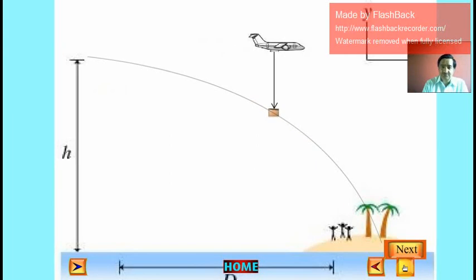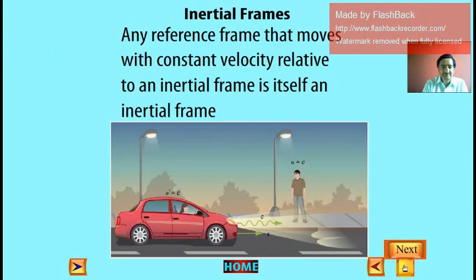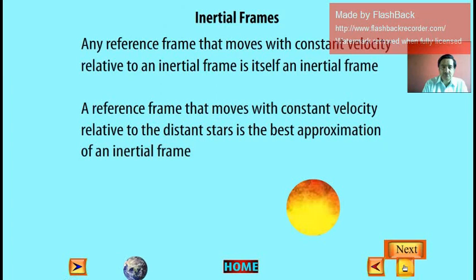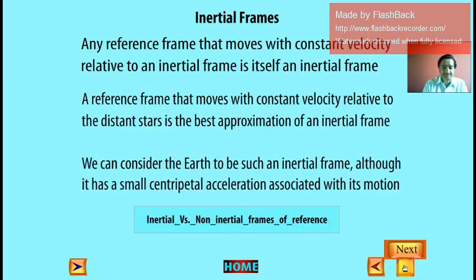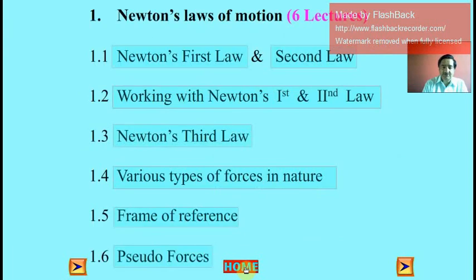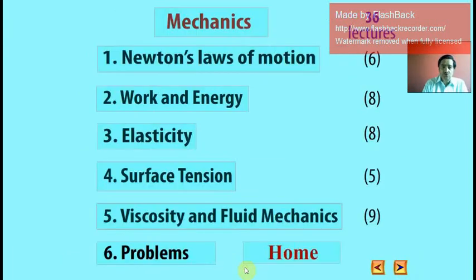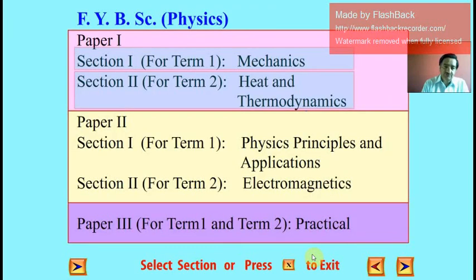Again inertial frame of reference is explained by the example of a car. Then earth is moving around sun. Then again you come back to its original position. Then home, it shows its original position.